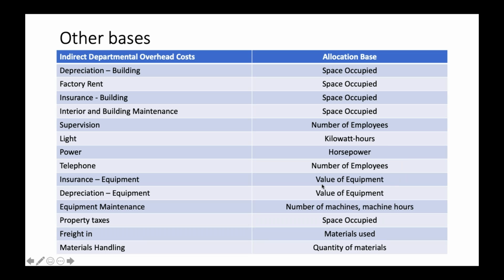Insurance equipment, value of equipment. Depreciation, value of equipment. Equipment maintenance, maybe number of machines or machine hours. Property taxes, space occupied. Freight in, material used. Materials handling, probably quantity of materials.